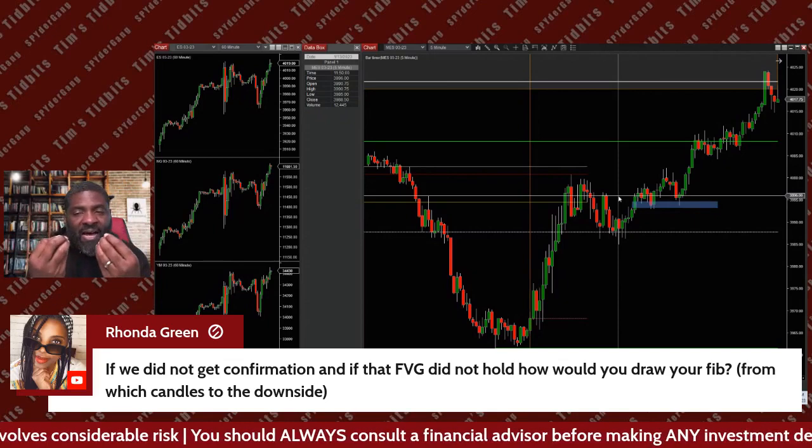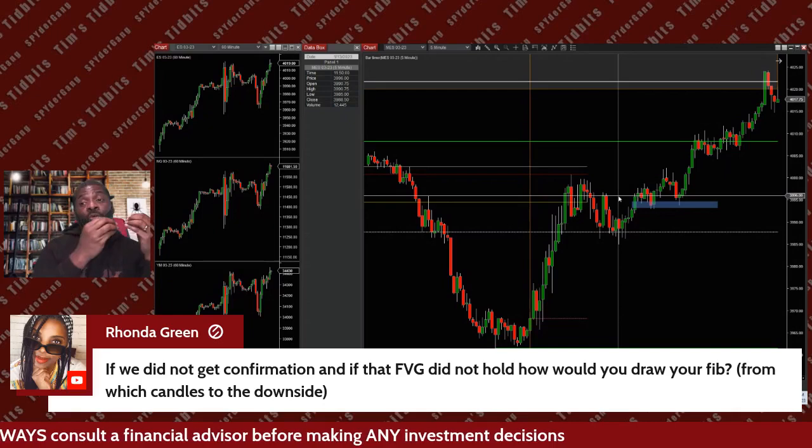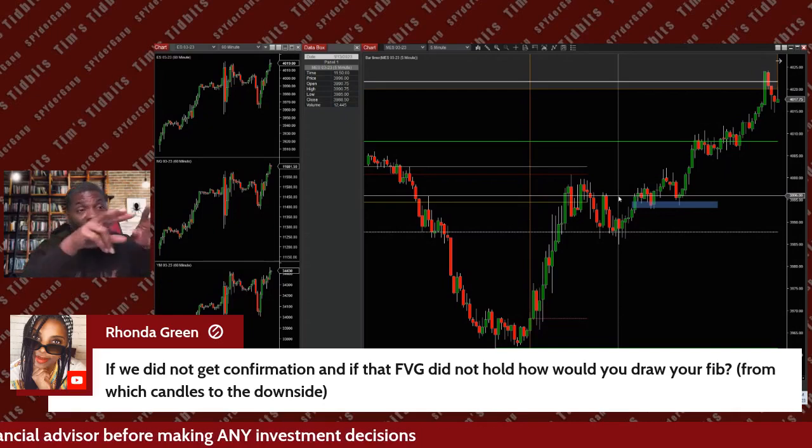We just got to figure out where price is trying to get and then use the tools to help us visually see it.